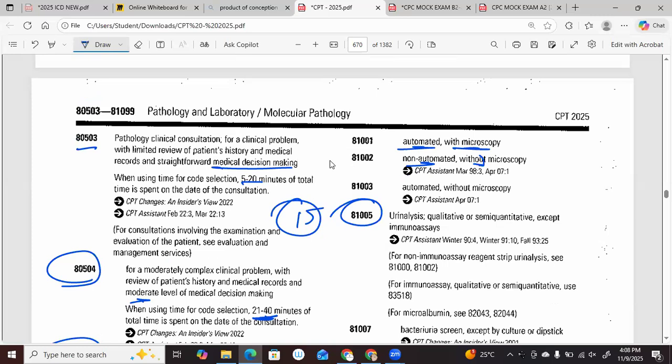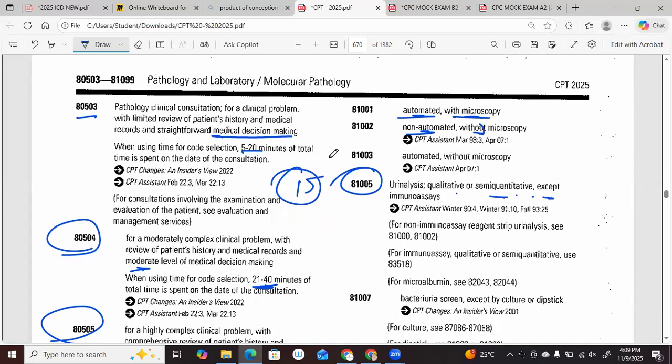Then we have 81005, urinalysis, qualitative or semi-quantitative, except immunoassay. So codes 81005 to 81020 will represent the complex analysis, which will measure the quantities of these changes or the screening of other conditions.